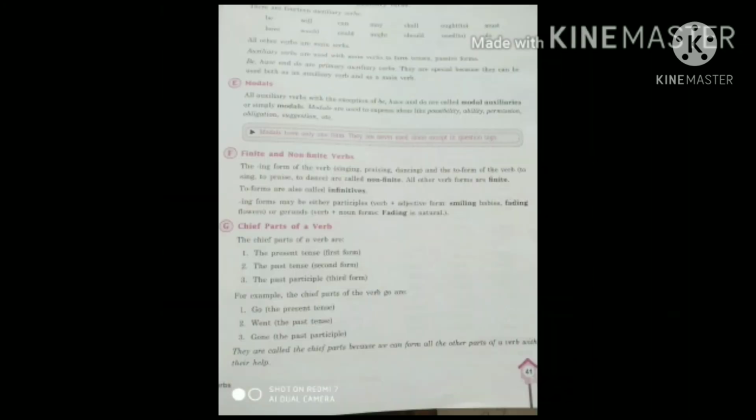Now coming to finite and non-finite verbs. The verb plus the ing form, like singing, praising, dancing, and the to form of the verb, that means to plus the verb, that is to sing, to praise, to dance. These are called non-finite verbs.